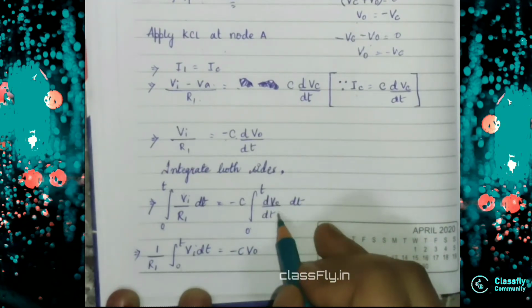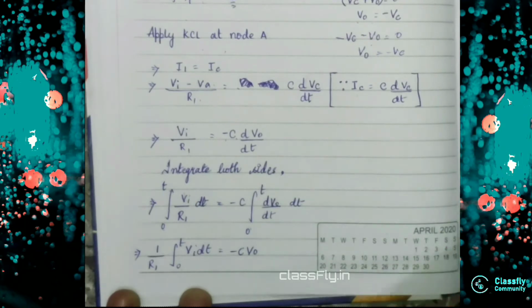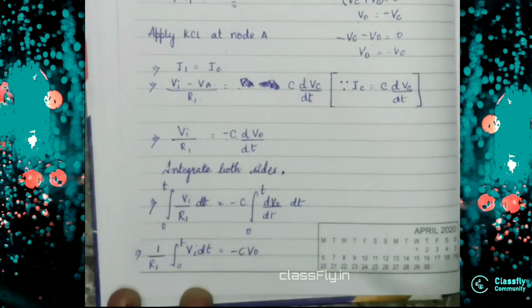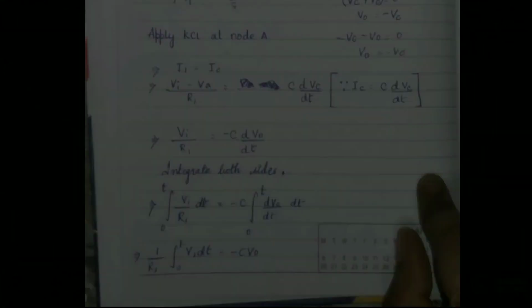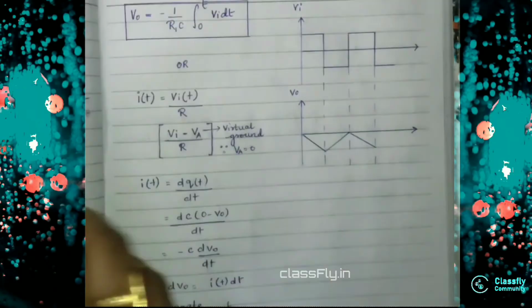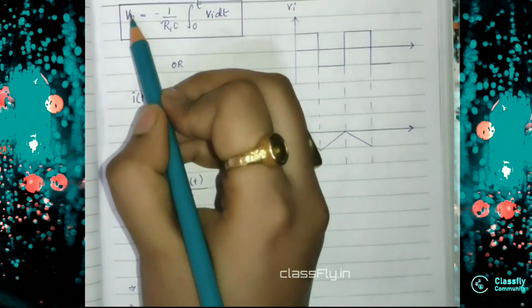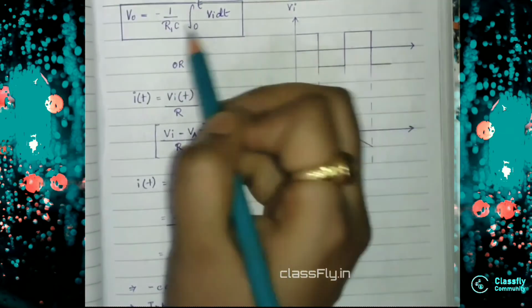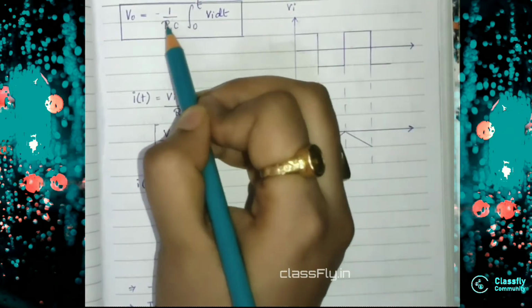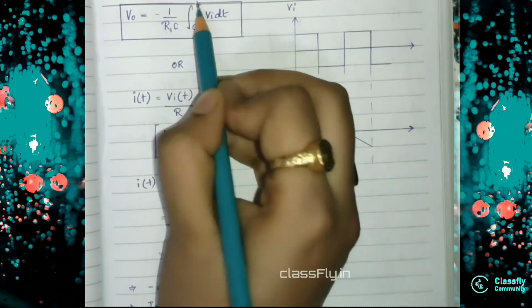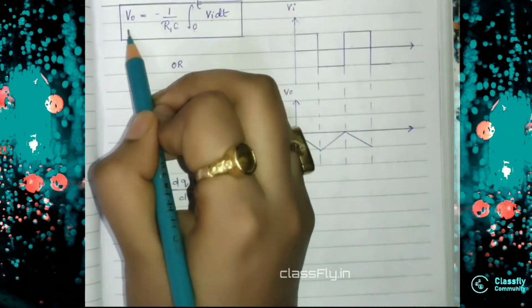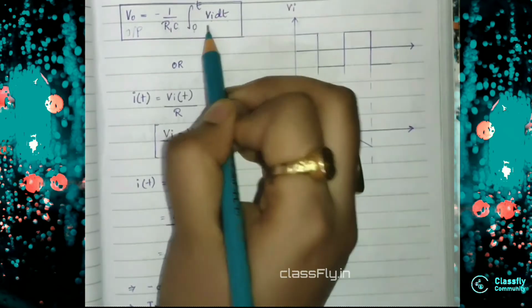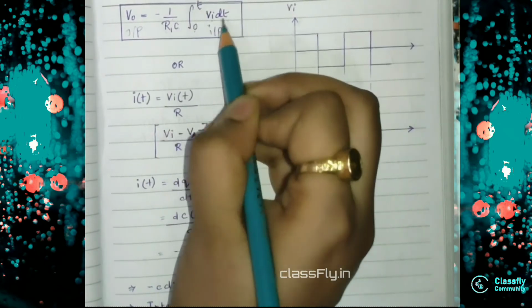We know the integration of dV0 is V0, so it will be minus C V0. When I solve it and change the side, I get V0 equal to minus 1 by R1 C times the integral from 0 to t of Vi dt. So the output is the integral of the input voltage.